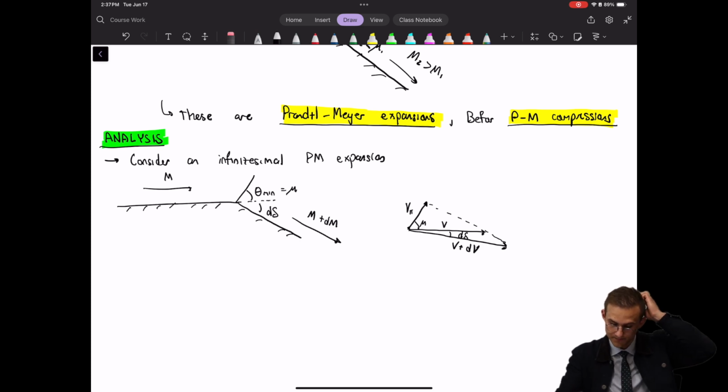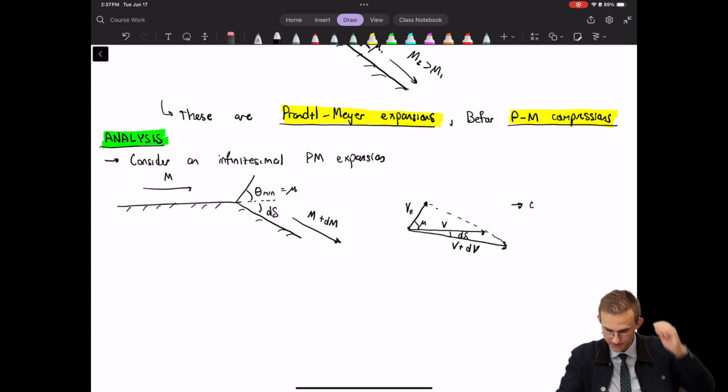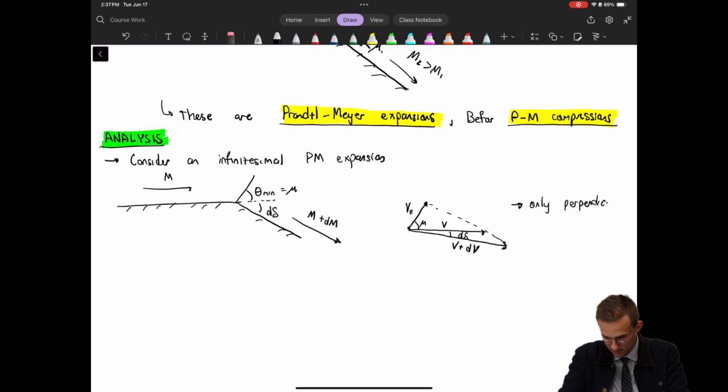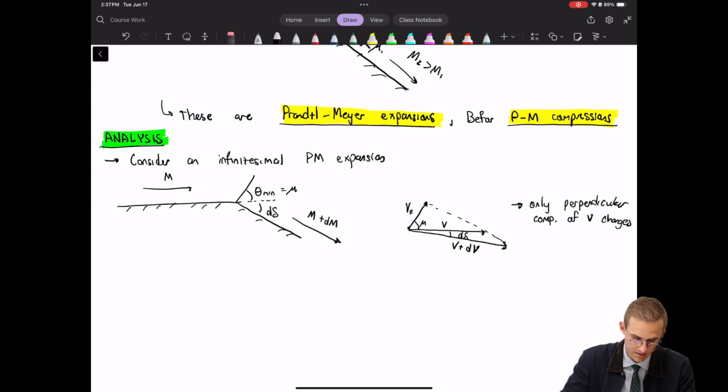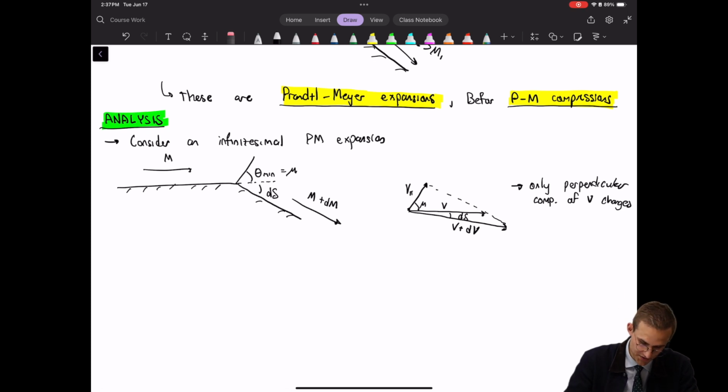Okay, so only perpendicular components of v change, same as for oblique shock. And we can use that fact to do some algebra.